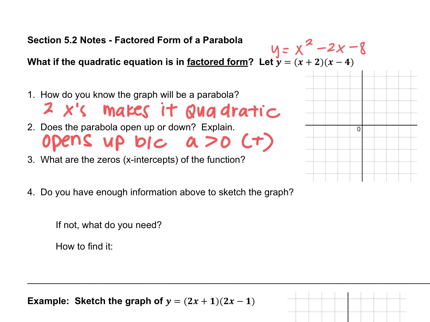What do y'all think? To x plus 2 and x minus 4, to find x, make it equal to 0. So I would have x plus 2 equals 0 and x minus 4 equals 0, giving me x equals negative 2 and x equals 4.